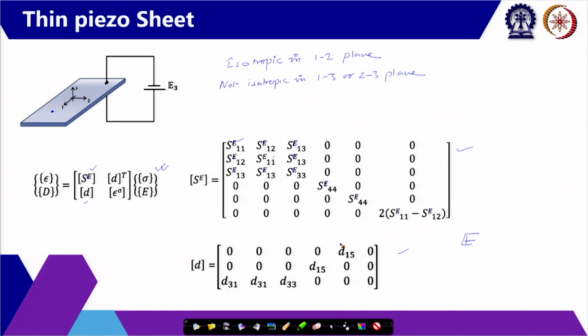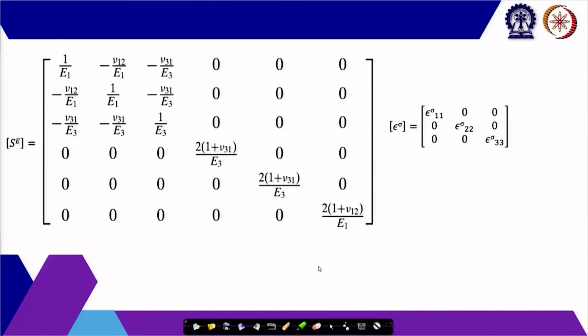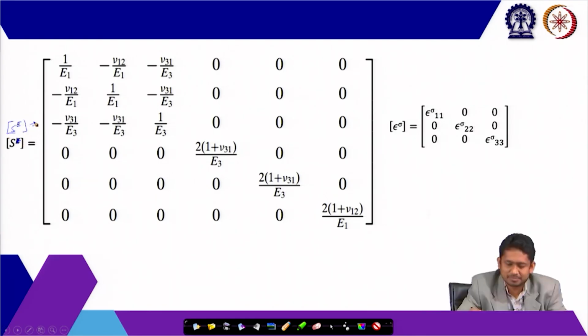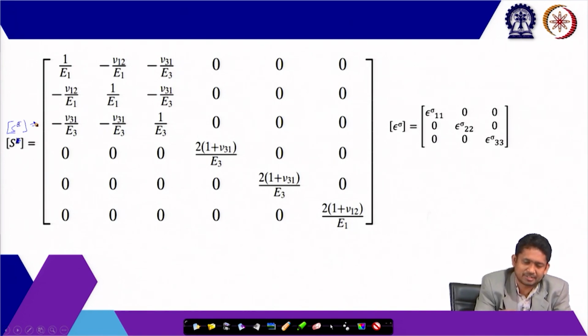If we look at this S^E matrix in an expanded form, it looks like this. So, in terms of the elastic modulus of the material, this S^E matrix can be written.